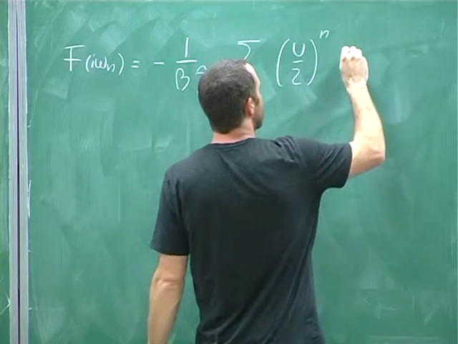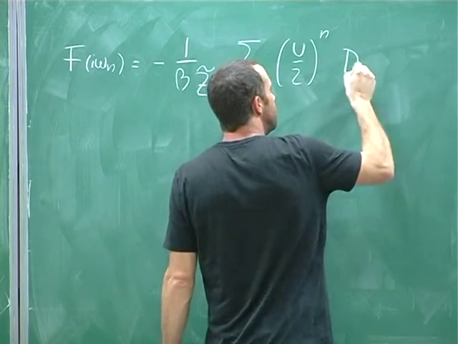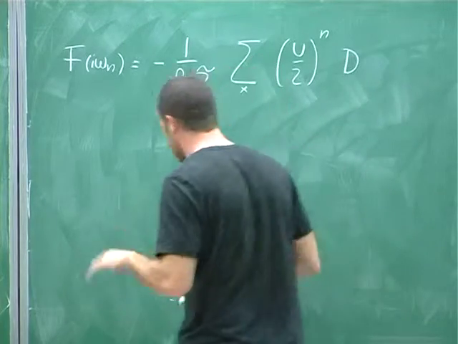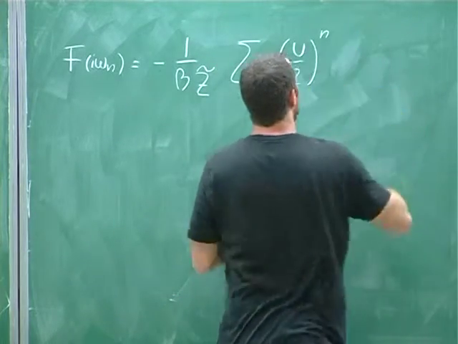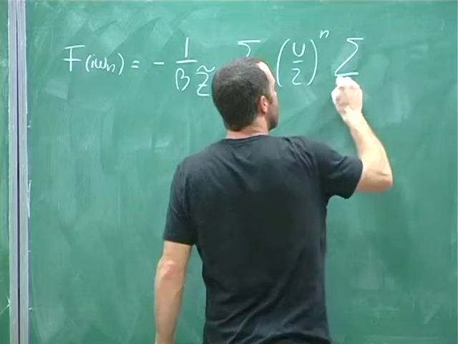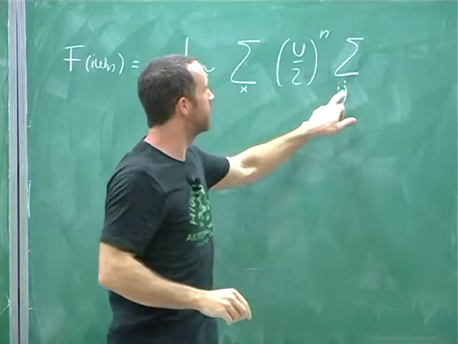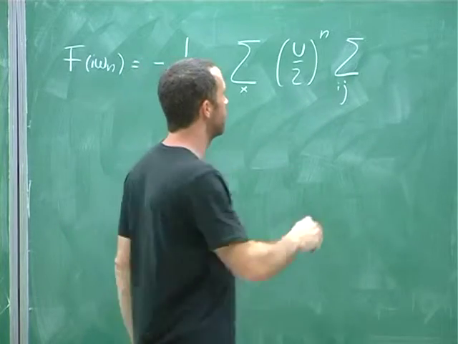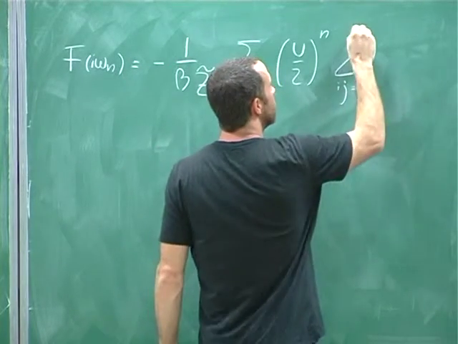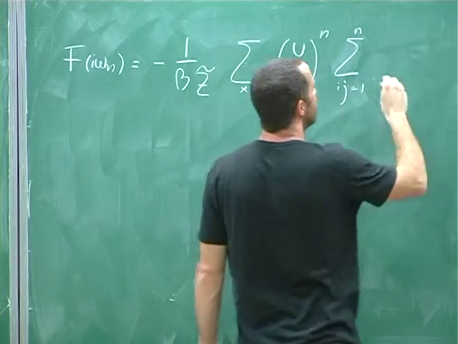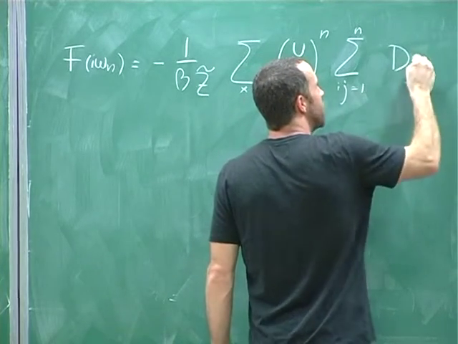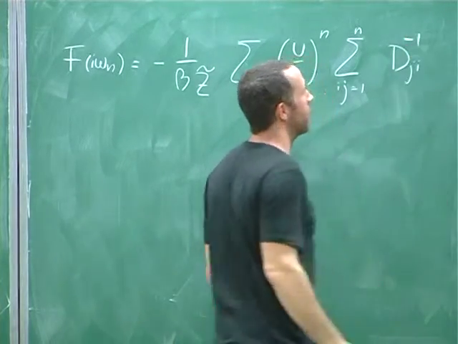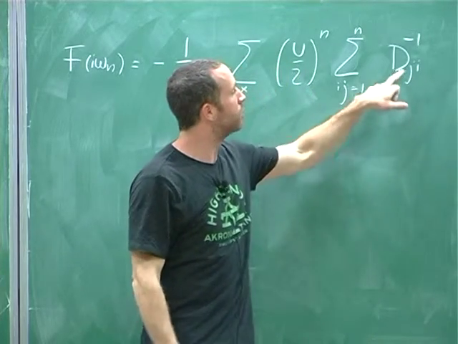I'll have something like, oh yeah, I need a sum over ij, sorry. So there will be a sum over ij. These are the indices of my imaginary times, okay? So these guys run from 1 to small n. I will have d_ji minus 1.